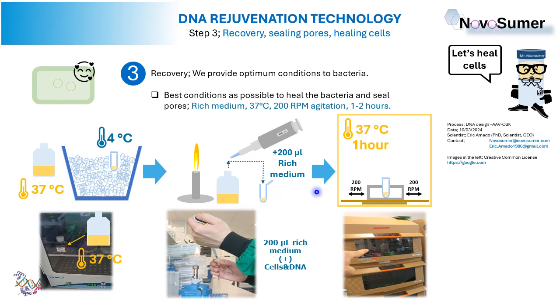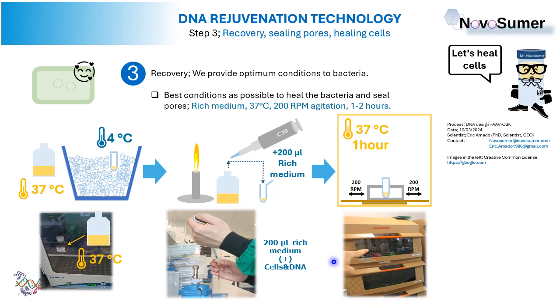Okay, and the last step is just providing the rest of the conditions for the cells. We want the cells to be happy. So what we need is a warming chamber, an incubation chamber. It looks like this.